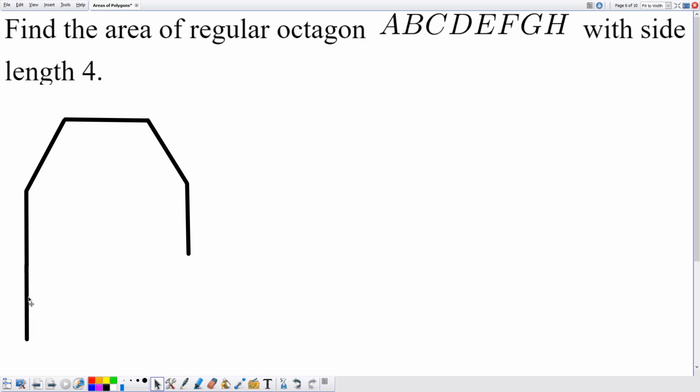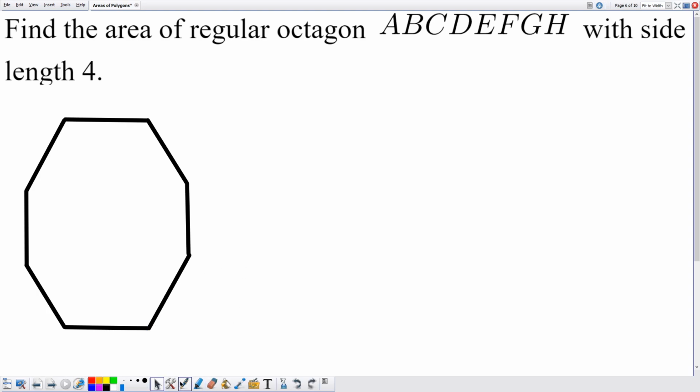So let's just continue. If I did it perfectly, it would connect like that.